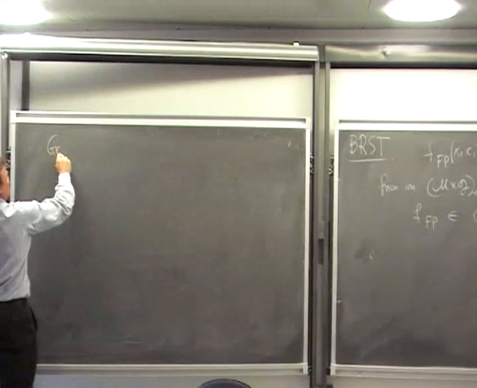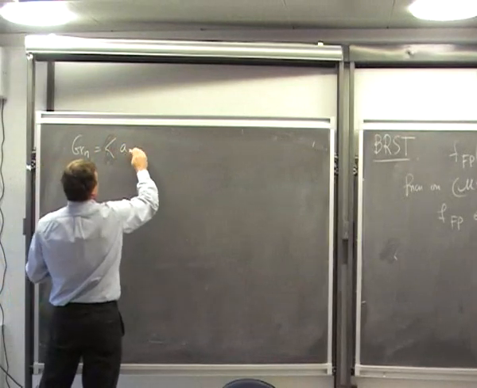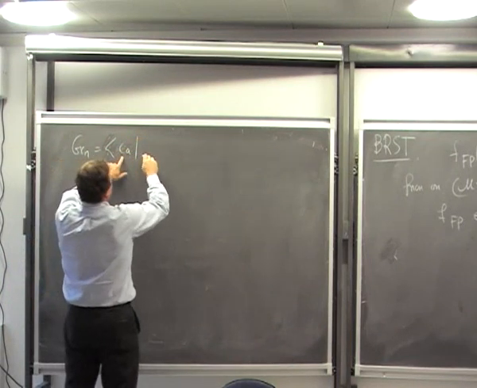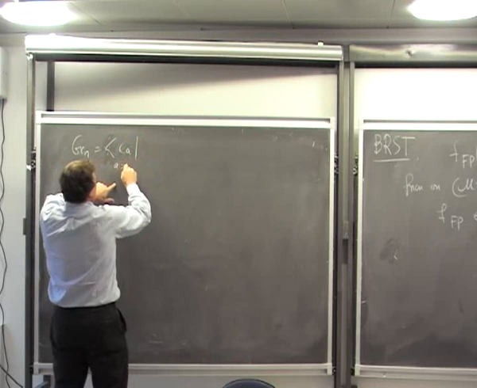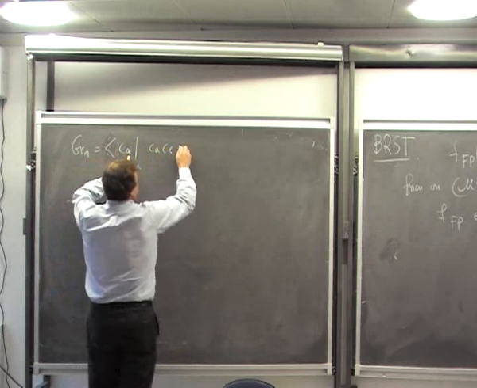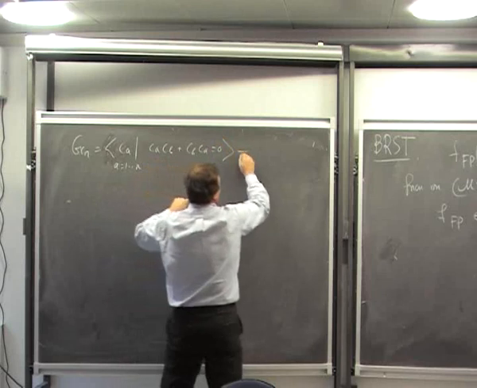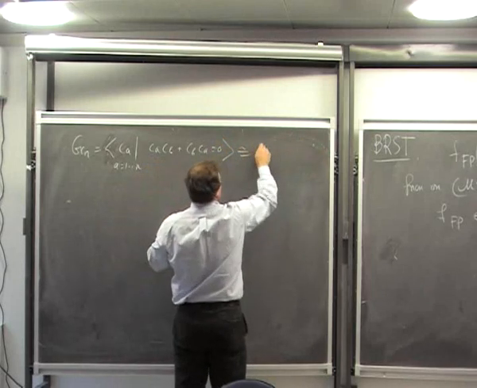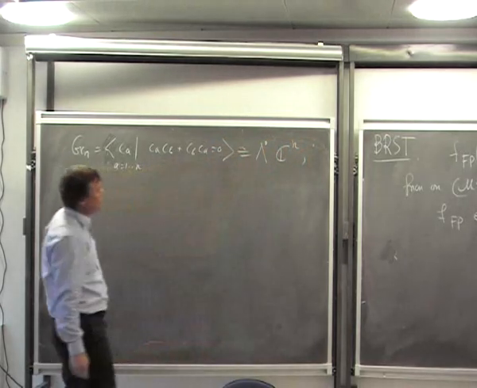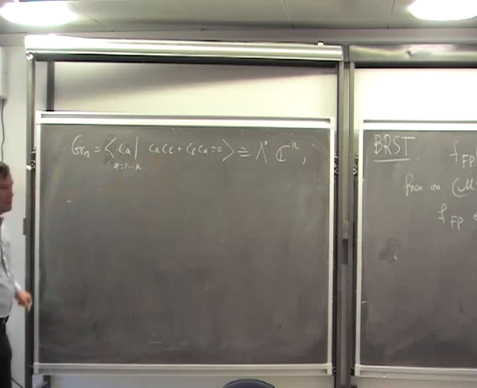So the Grassmann algebra is the algebra generated by elements C_A with the defining relations C_A C_B plus C_B C_A is 0, or it's naturally isomorphic to the exterior algebra of C_A, where C_A is a basis.